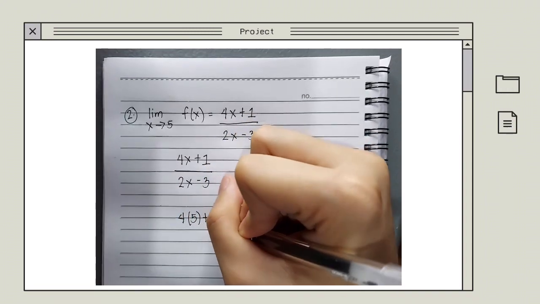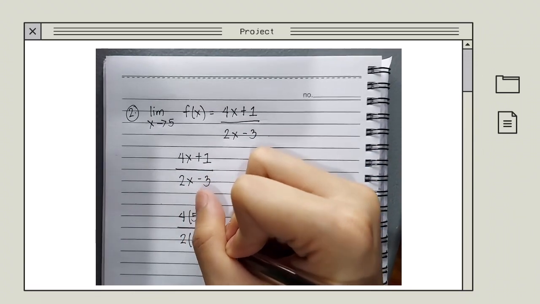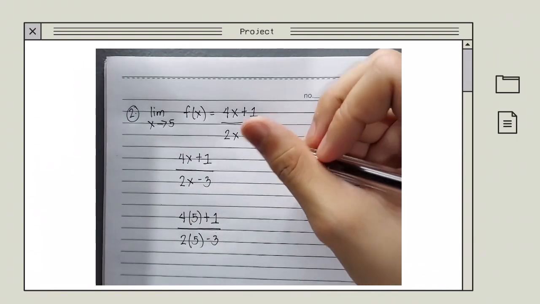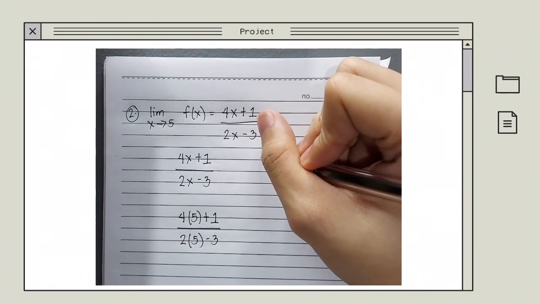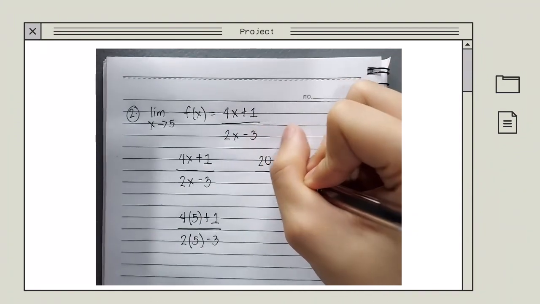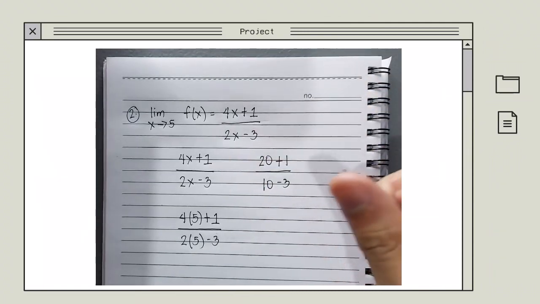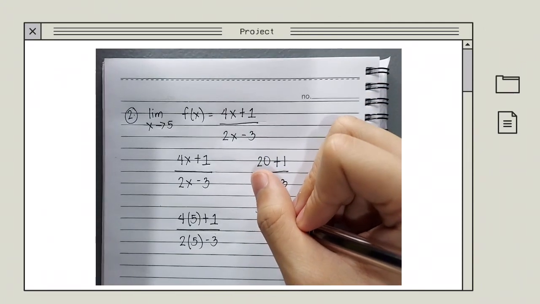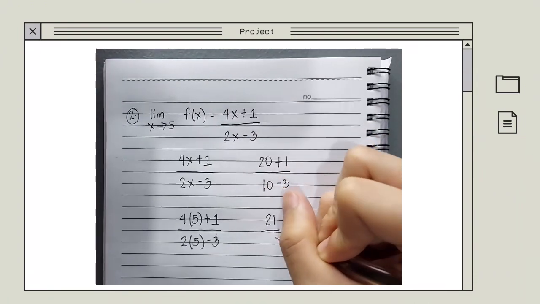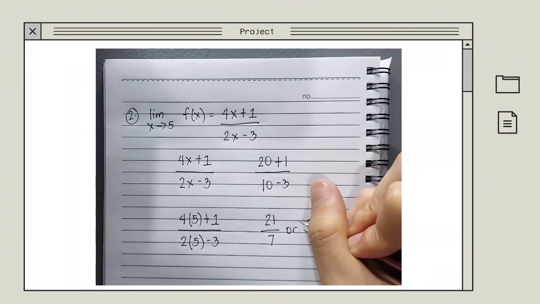So, ang kakalabasan is 20 plus 1 over 10 minus 3. Next is ipag-add and subtract lang natin silang dalawa. So, 20 plus 1 is equals to 21 and 10 minus 3 is equals to 7. Kaya, magiging 21 over 7. I-divide natin yung 21 sa 7. So, ang limit ng function ng graph na ito is equals to 3.